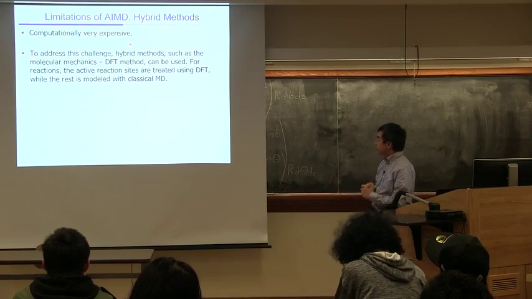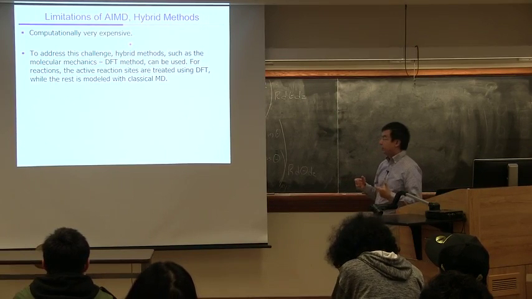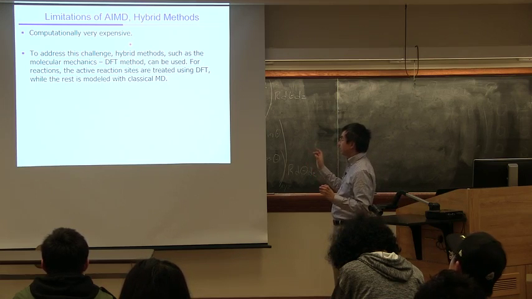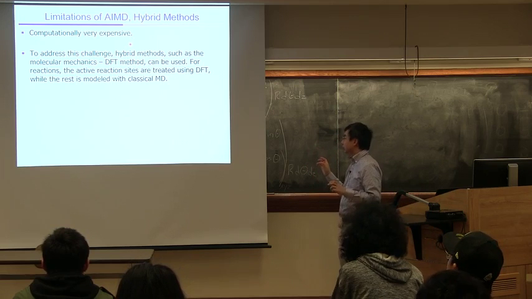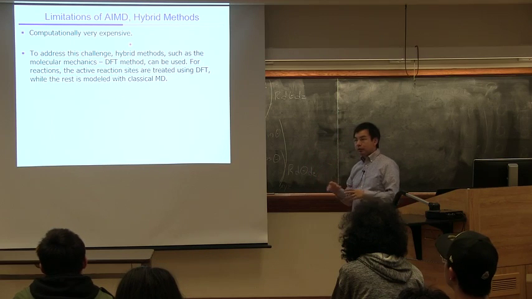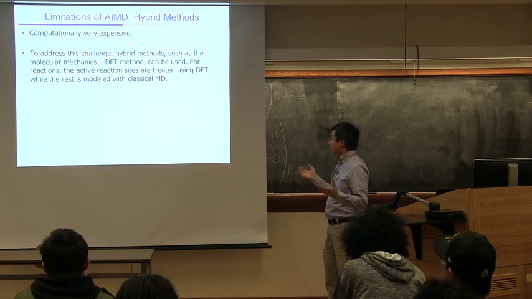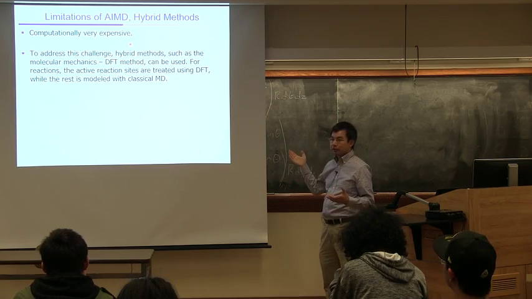Hybrid methods are a mix of classical MD and ab initio MD. For chemical reactions, for example, the active reaction sites you can treat using density functional theory, but the rest of the system that does not have reactions happening, you can still treat with classical MD.